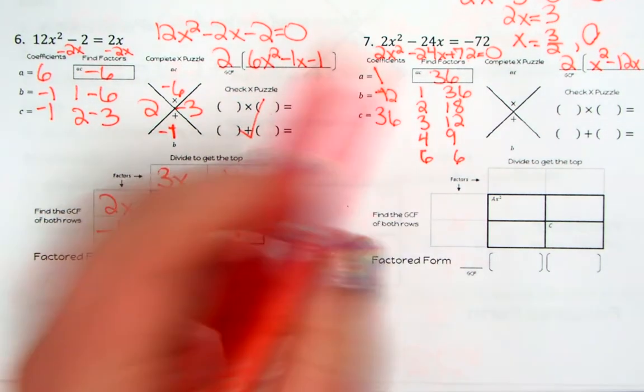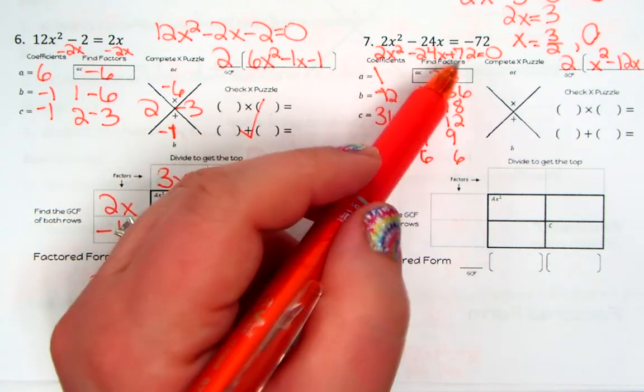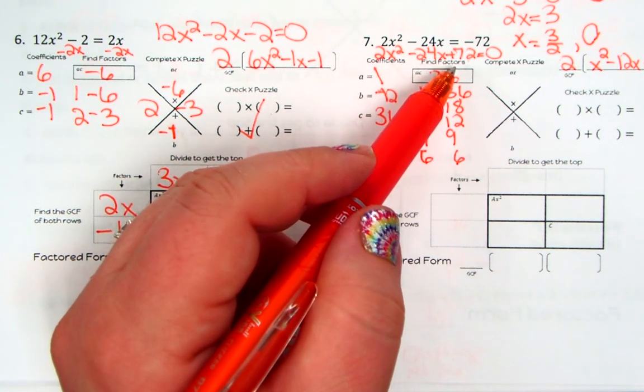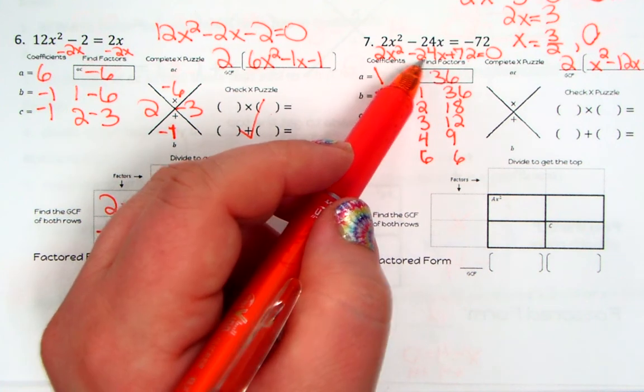Look on your factoring flowchart again, and we have the sign of our last number is positive. So that means we can have 2 positives or 2 negatives. The sign of the middle number is negative, so we want 2 negatives.